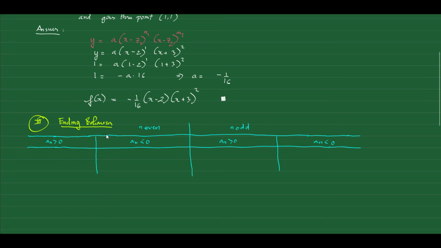Alright, so if a sub n is greater than 0 and n is even, the sketch of the polynomial function will be something like this. For a sub n less than 0, it will be something upside down, kind of the same thing, but upside down.